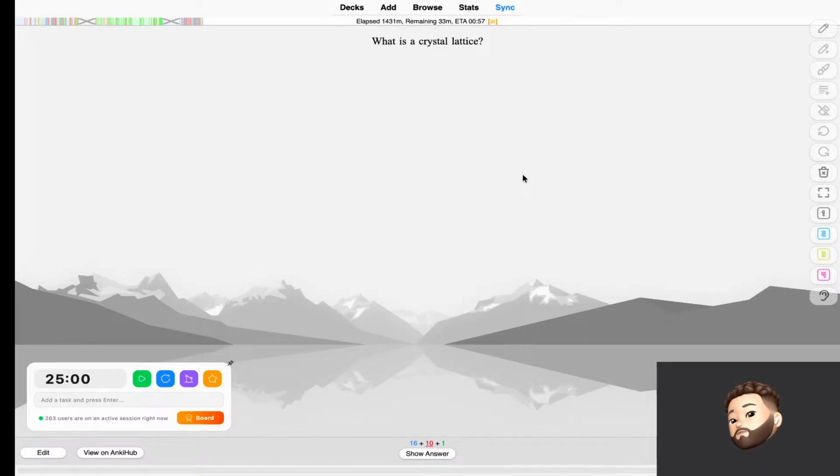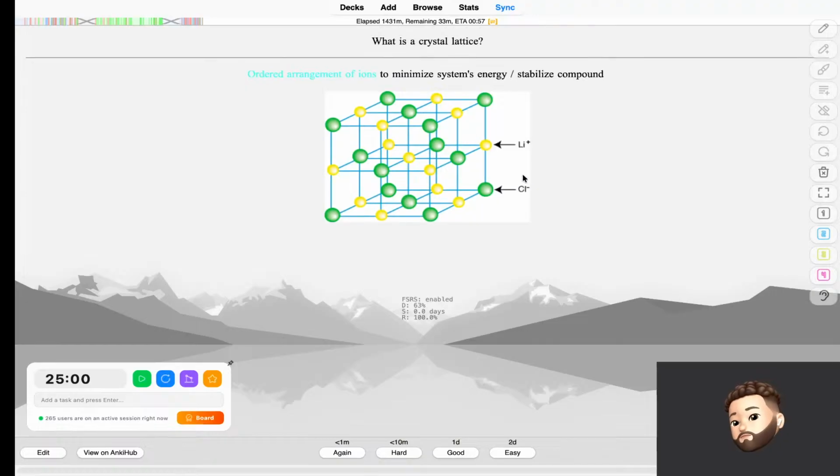What is a crystal lattice? An organized arrangement of ions in order to minimize system energy and stabilize a compound.